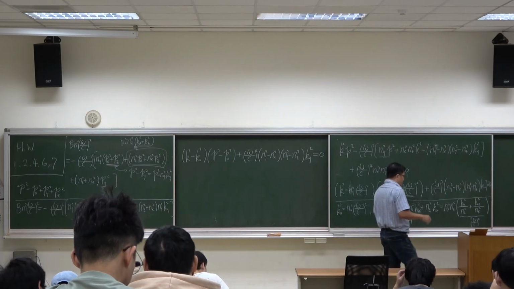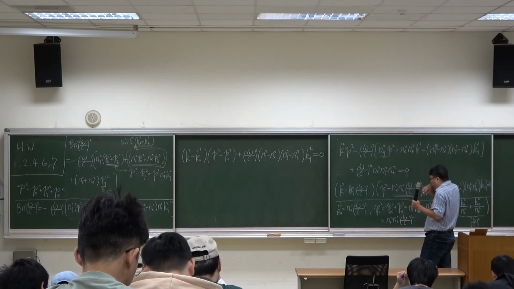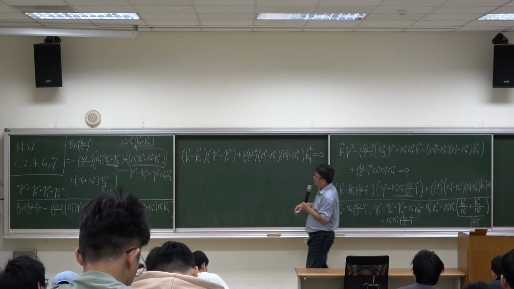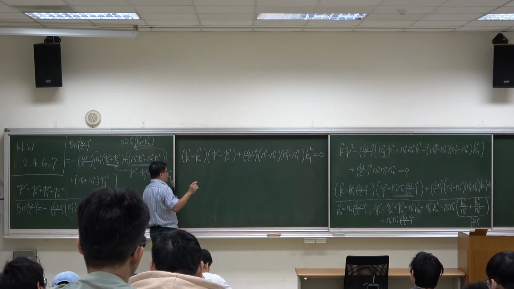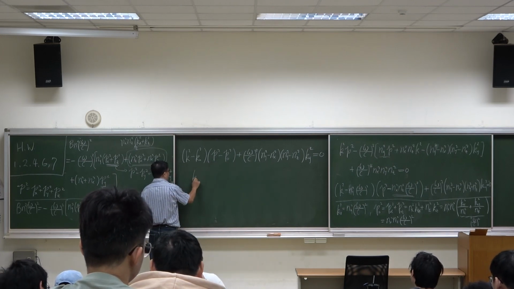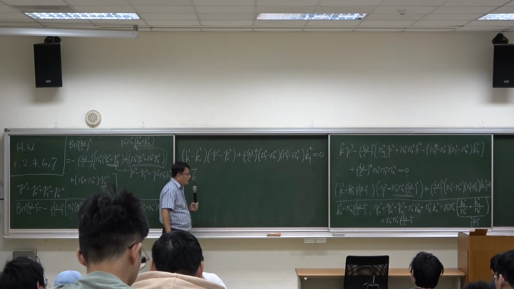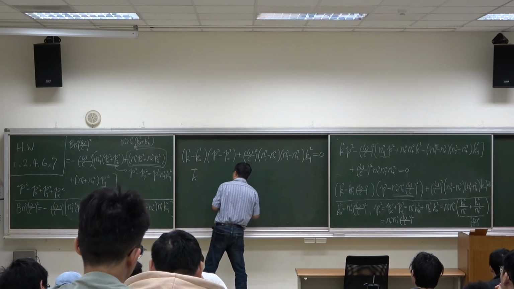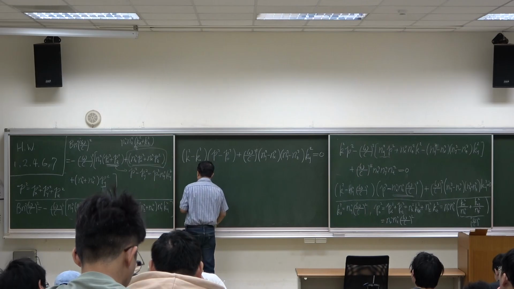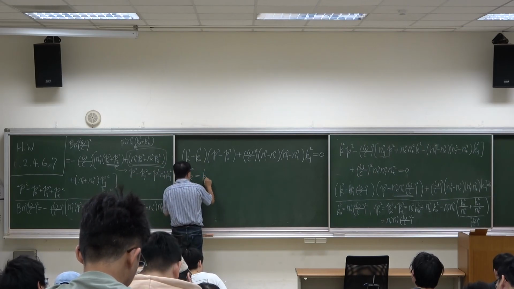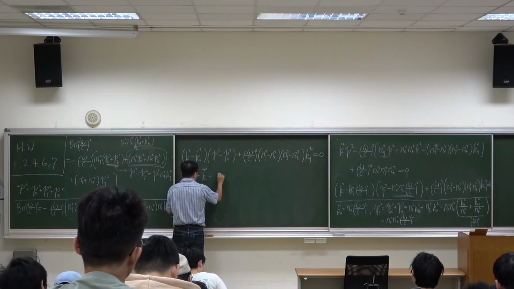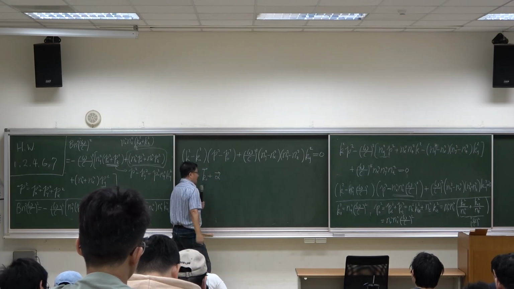So if we want to study the behavior very close to the k0 point, we just assume that k is equal to k0 plus, say, alpha.